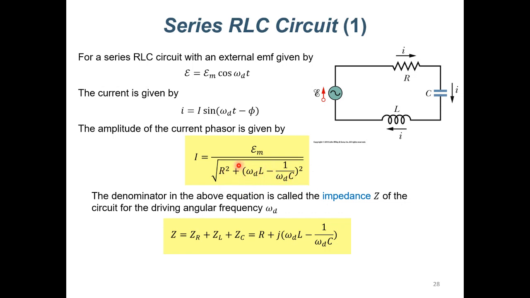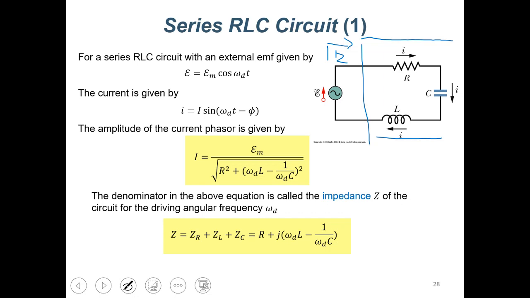This is correct, but so far you may be confused about where it comes from. The total impedance of the RLC is Z_R plus Z_L plus Z_C.